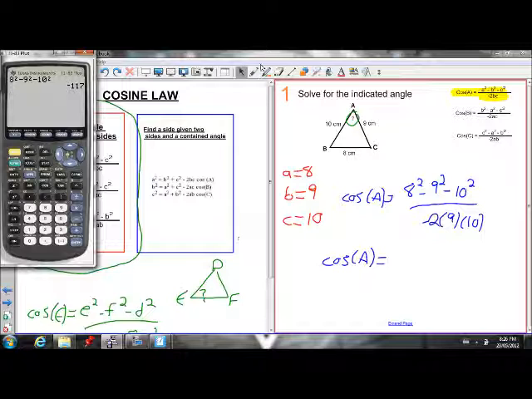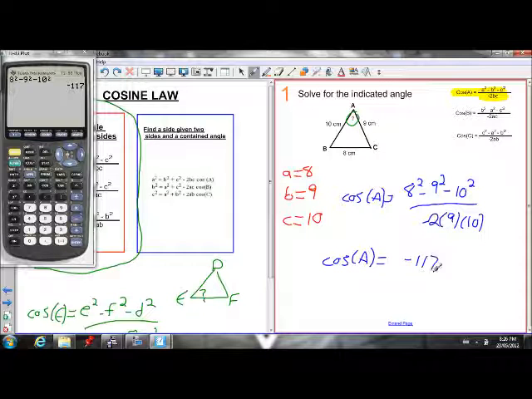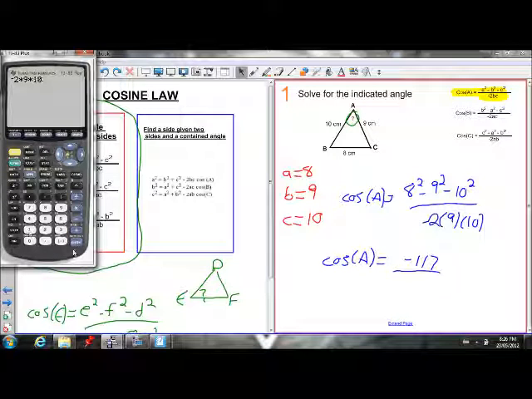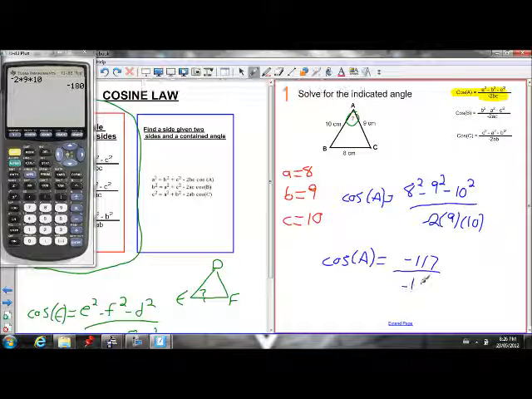Now, we want to divide this. If you're not confident using your calculator, I would write the expression that I evaluated my numerator right there. And then I would go ahead and evaluate my denominator. -2 times 9 times 10, that is -180.